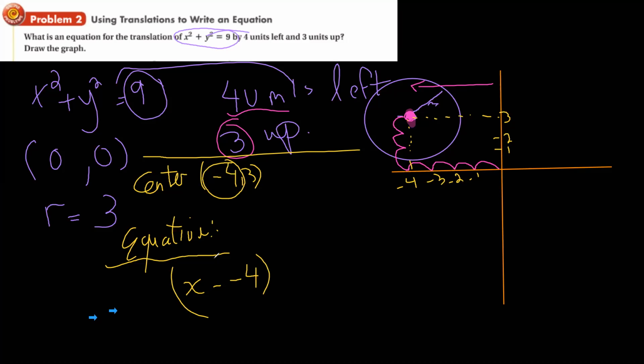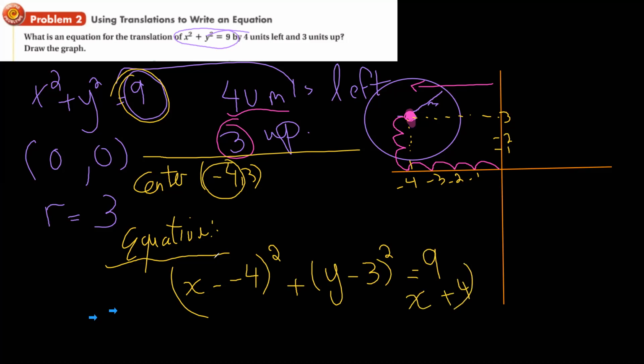So x minus -4 squared plus y minus 3, equals what? Equals 9. So the equation of the circle is x plus 4 squared plus y minus 3 squared equals 9.